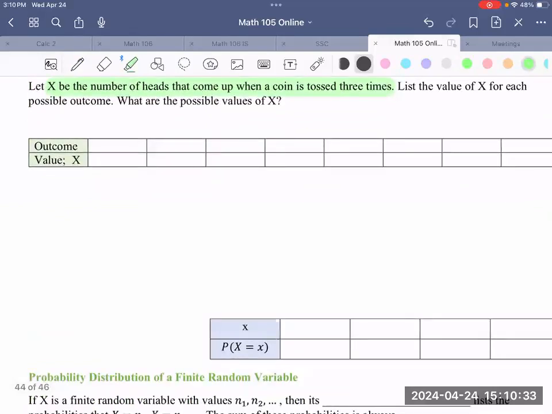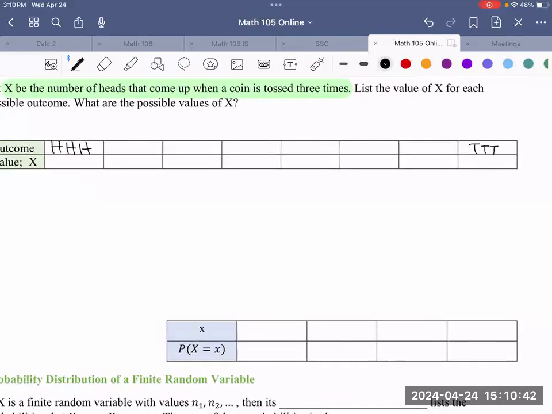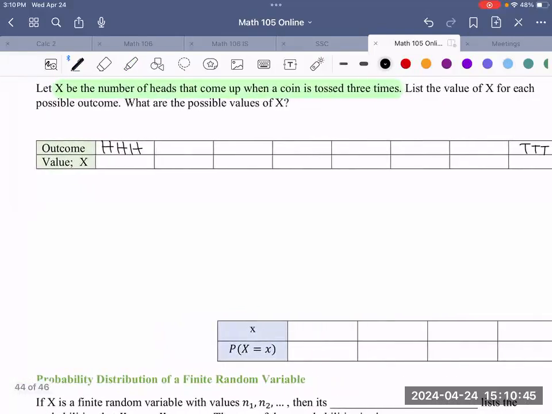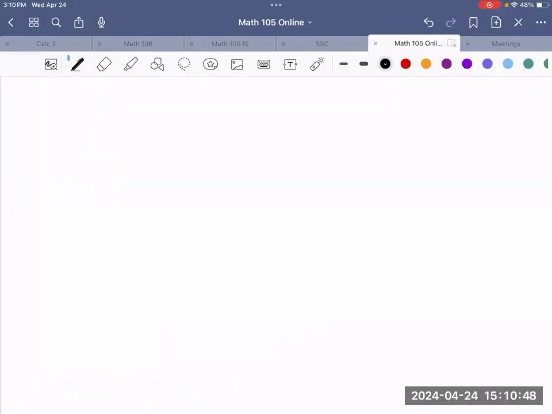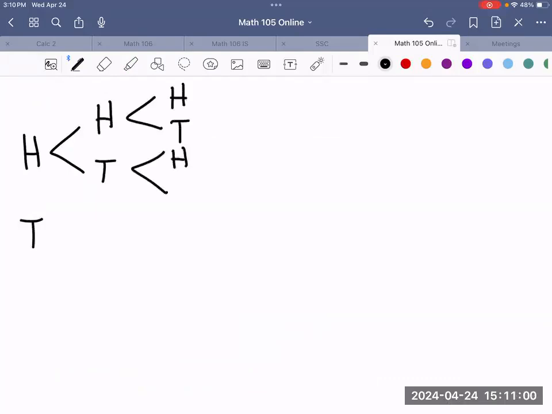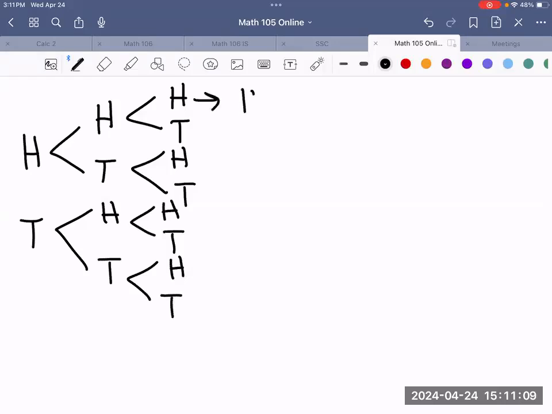So I would pause the video and try to figure out, okay, maybe we can get the first one as heads, heads, heads, and tails, tails, tails. Can you come up with all of your different variations? This is where a decision tree would be best. We have heads and tails, heads, tails, heads, tails, heads, tails. We got heads, heads, heads, heads, heads, tails, heads, tails, heads.